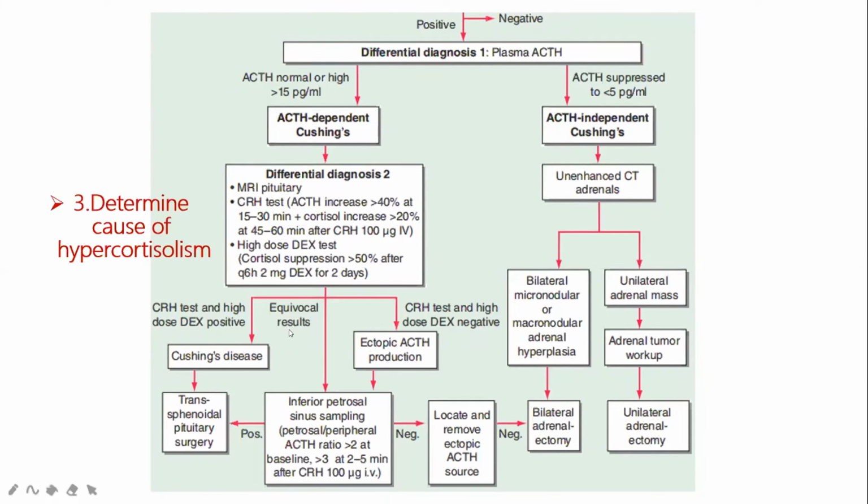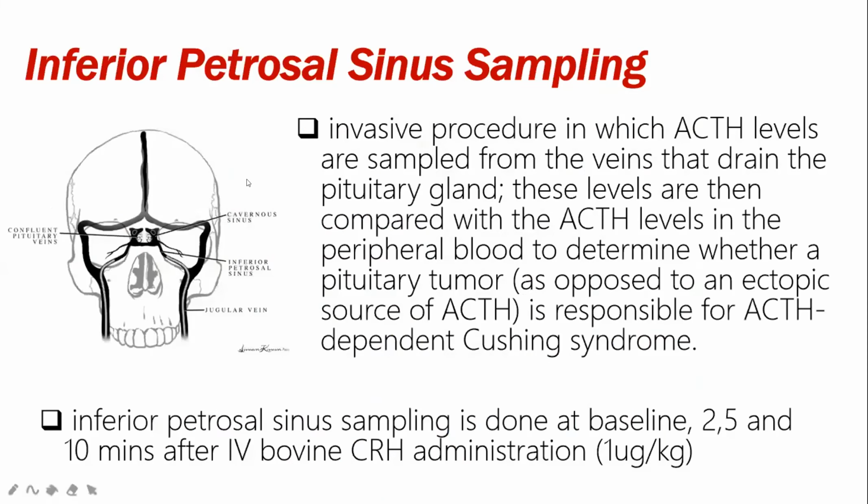However, if we have equivocal results, then we proceed to performing inferior petrosal sinus sampling. So inferior petrosal sinus sampling is an invasive procedure in which ACTH levels are sampled from the veins that drain the pituitary gland.